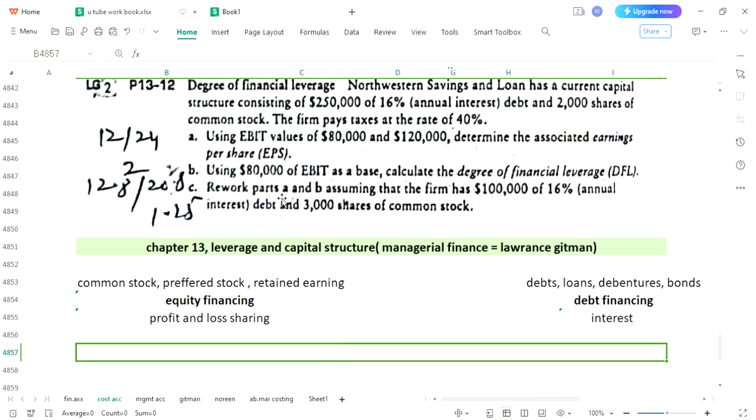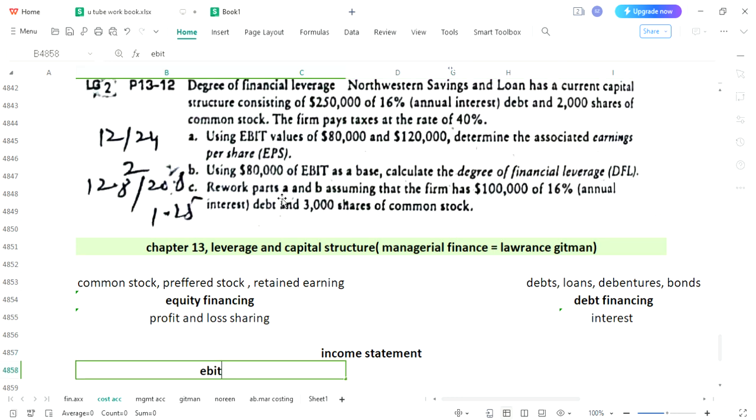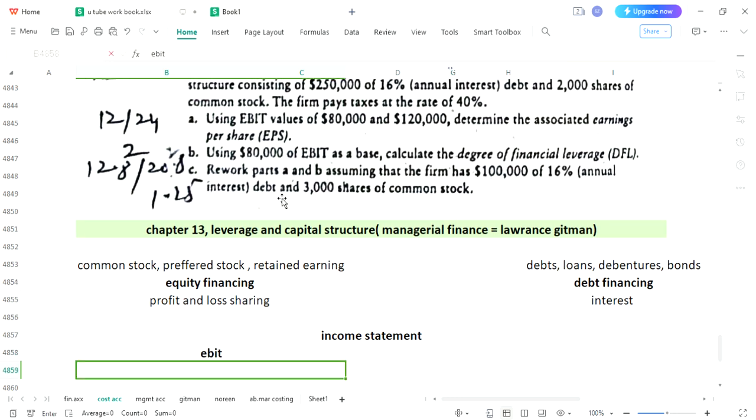Basically, it is our income statement, which would have the very first thing EBIT, earnings before interest and tax, and then the first thing to be subtracted would be interest on loan.